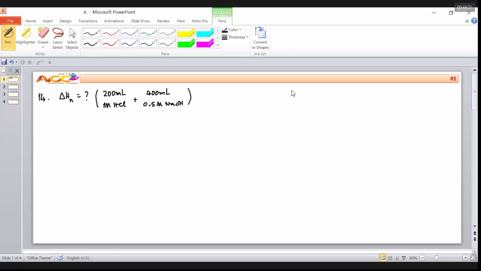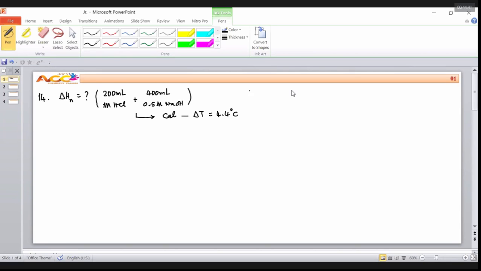The temperature rise in calorimeter. This whole experiment is done in an instrument known as calorimeter, and then delta T, temperature rise, is found to be how much? 4.4 degrees centigrade. He said, not necessary.